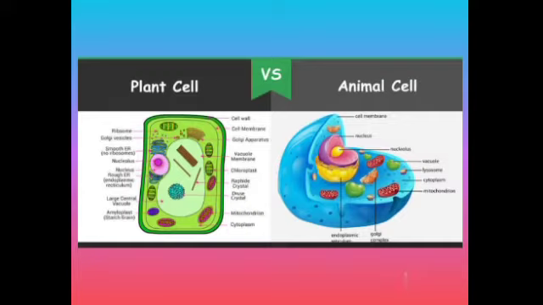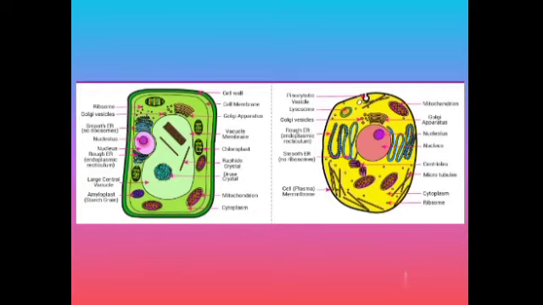Animal cells do not have a cell wall, but plant cells have a rigid cell wall made up of cellulose. Except the protozoan Euglena, no animal cell possesses plastids, but plant cells have plastids.